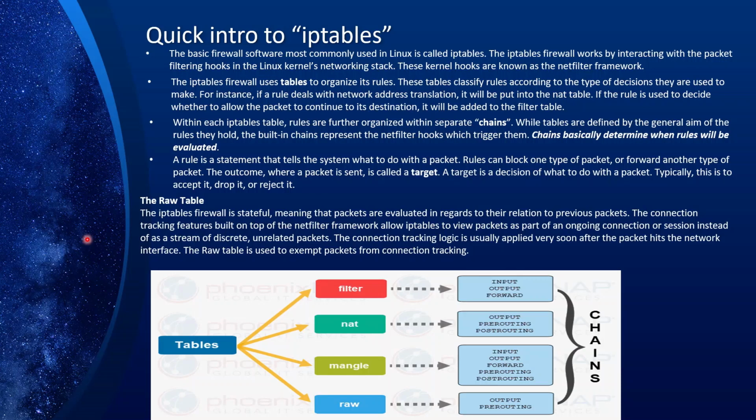Then the second time the service is called, the second pod needs to be called, not the first one, because the first one is already called. That is the nature of the statefulness of the firewall. However, there are situations where connection tracking is not needed, and the raw table is used to exempt packets from the connection tracking system.